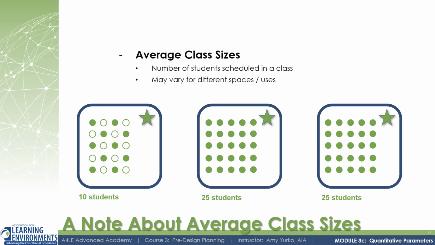So it may be that 10 students are in that class because 10 students are out that day, or it could be that 10 students are in that space because that is a special program, an IB program or an AP class that requires a smaller student ratio. So there may be lots of different reasons for why that room has only 10 students in it. There are some spaces that may have 50 students in them assigned every period.